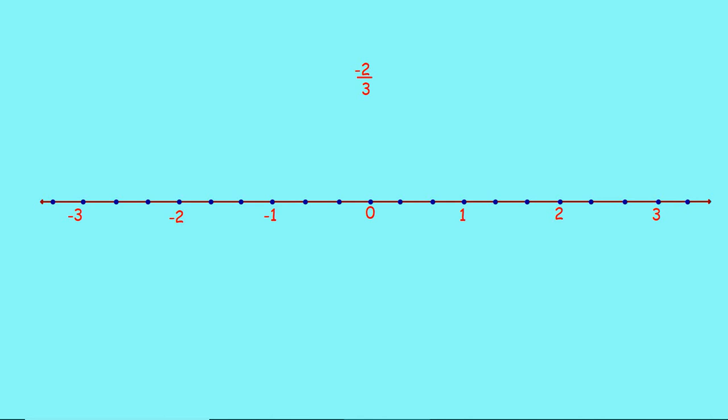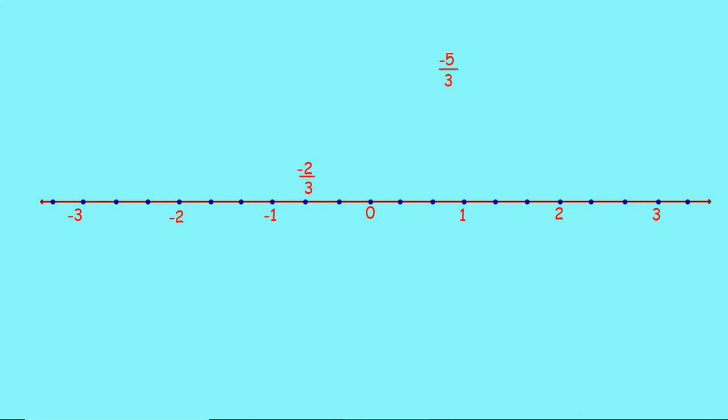Now we have to check where this -2 by 3 lies. Here on the left side, the second part will be -2 by 3. That is, this one here will be -1 by 3 and this point will be -2 by 3.